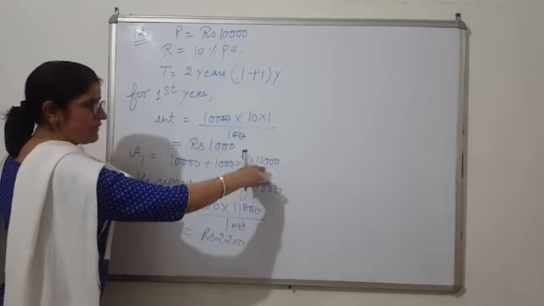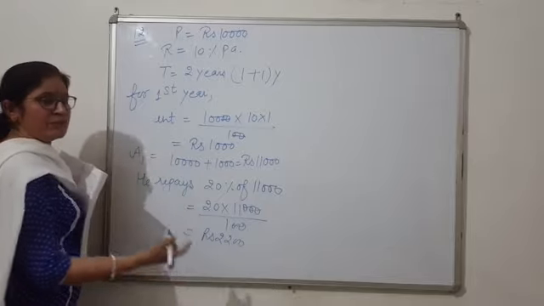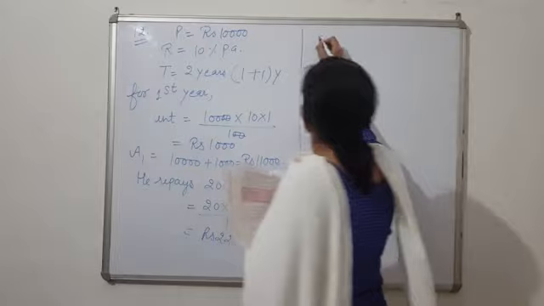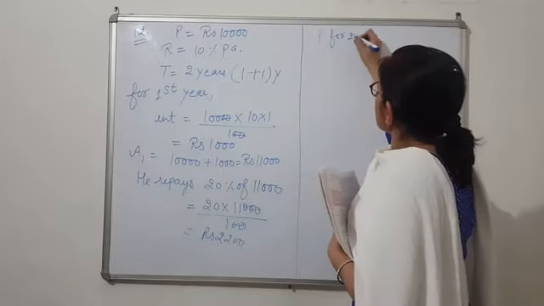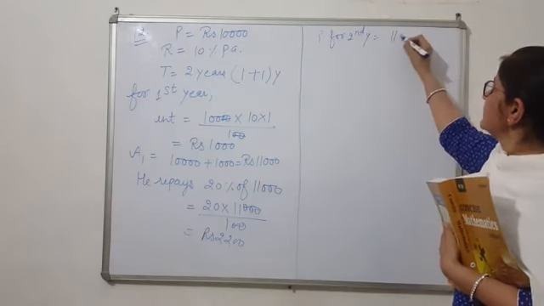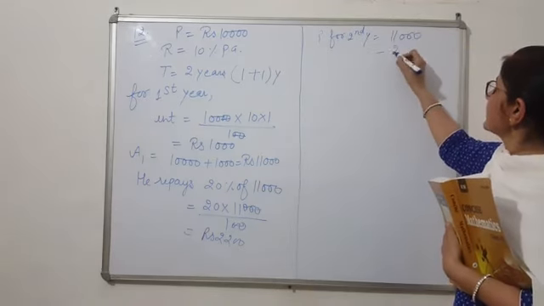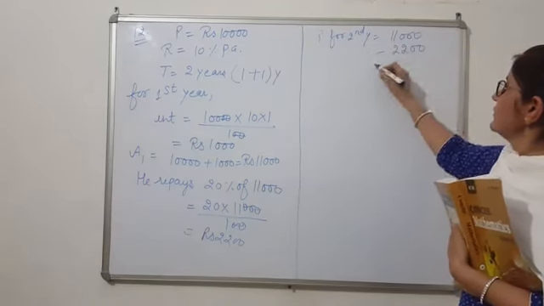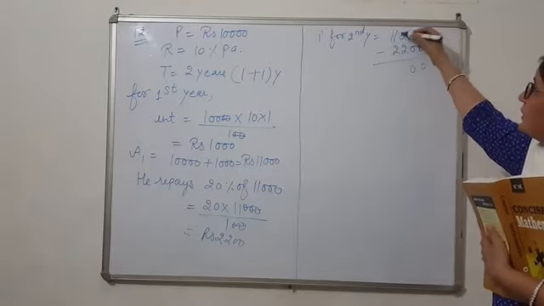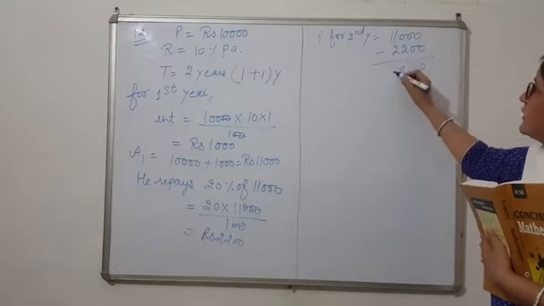So we subtract this from 11,000, and whatever is left is the principal for the second year. So principal for the second year is equal to 11,000 minus 2,200. We subtract it now. 0, 0, 10 minus 2, 8, 10 minus 2, 8.